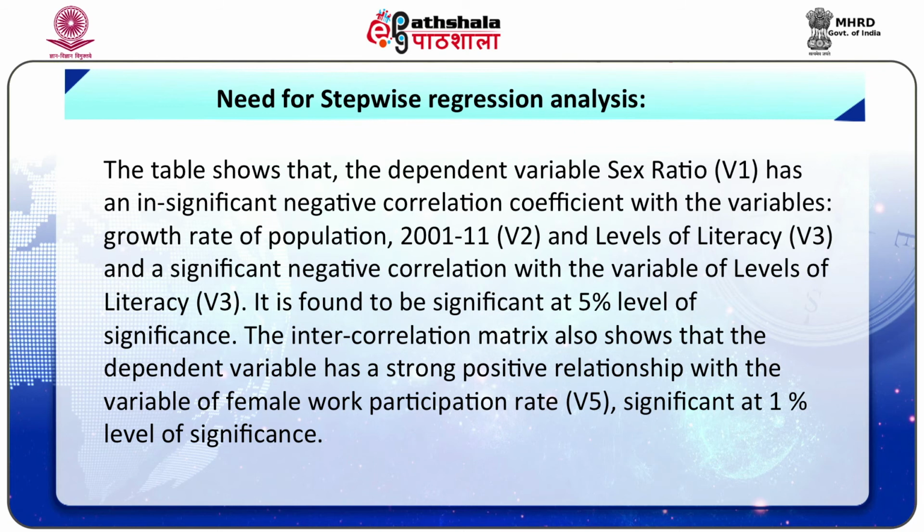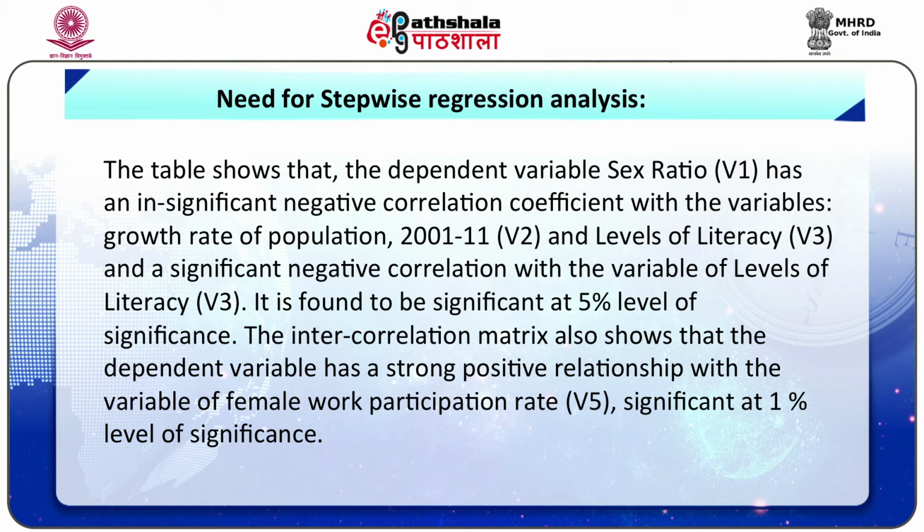The table shows that the dependent variable sex ratio, that is variable 1, has an insignificant negative correlation coefficient with the variables growth rate of population during 2001 and 11, that is variable 2, and a significant negative correlation with the variable of levels of literacy, that is variable 3.